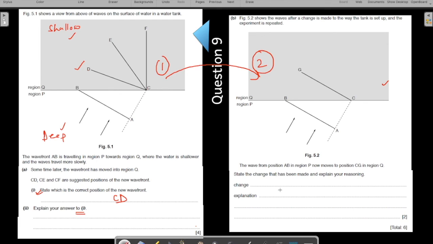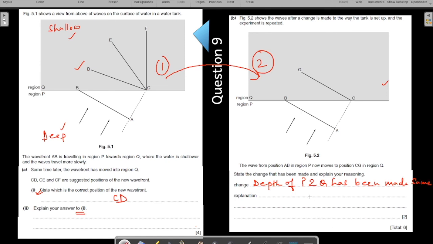Yes, if you say that the change is that the depth of region P and Q has been made the same or equal.